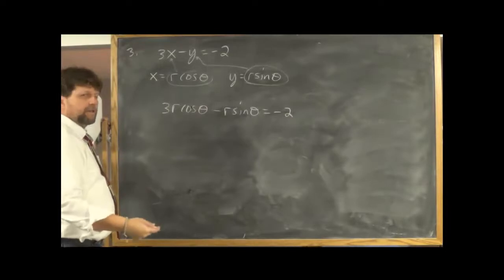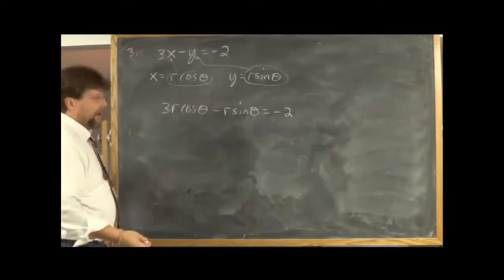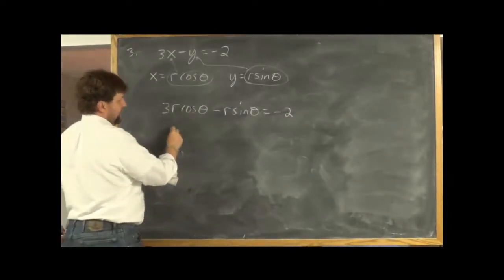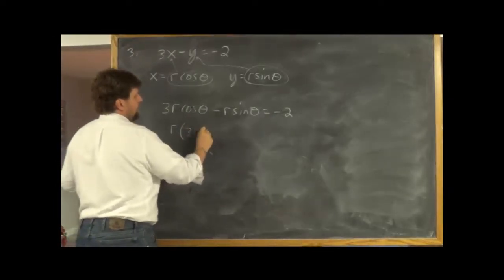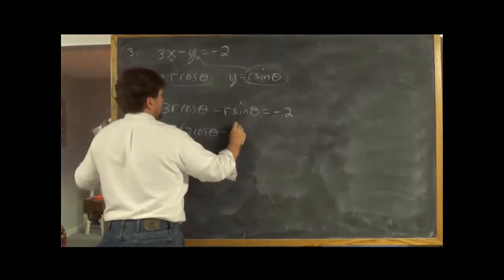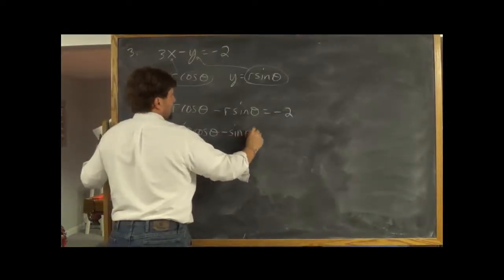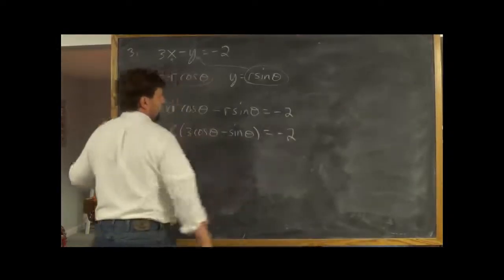And now what I would do, and I think it's good practice, over here on the left side I'd factor out the r, and I have r times 3 cosine theta minus sine theta equals -2.